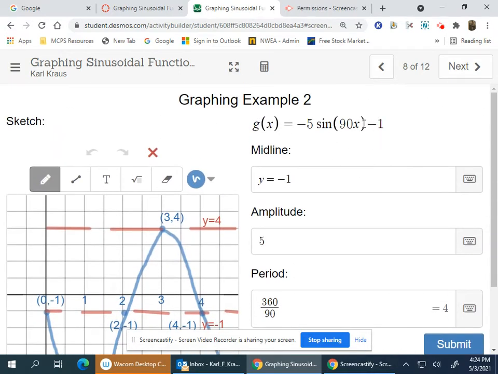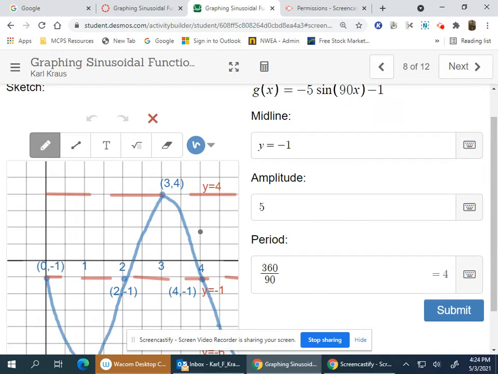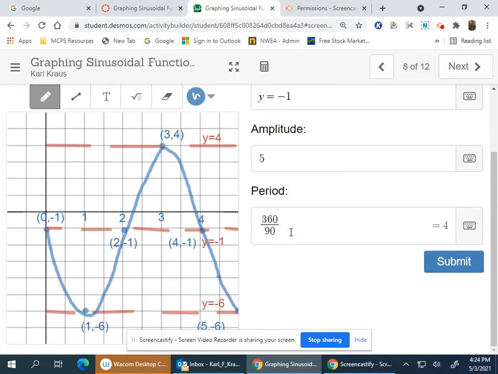Example 2, picking off this negative 1, that's my midline, y equals negative 1. The amplitude is always positive, even though this has a negative. It's just telling you which direction we go first. So the amplitude is 5, or from the center line to the maximum. And the period is 360 over 90, which is 4.